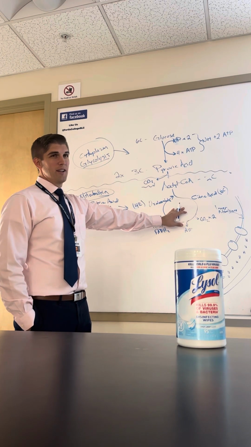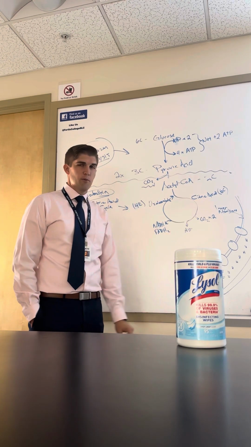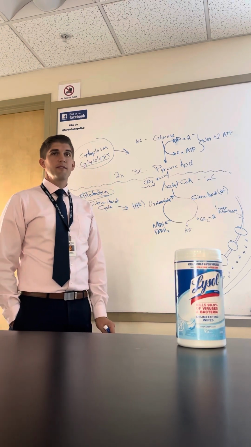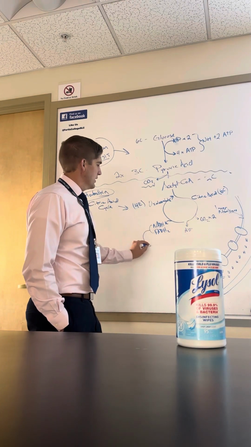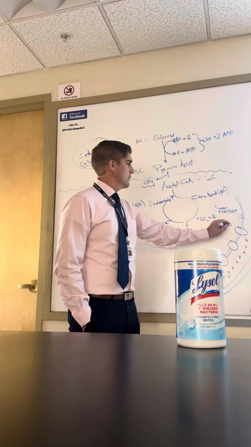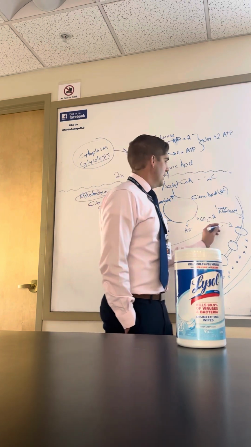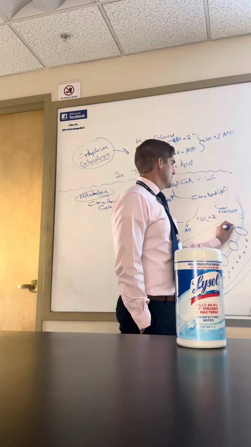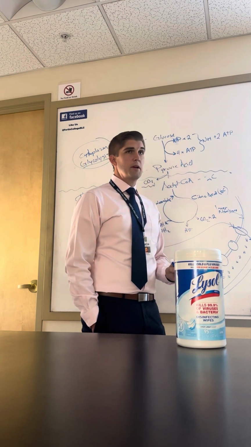And so, which byproduct of the citric acid cycle goes on to the electron transport chain? The NADH and the FADH. Yeah, these guys are going to come on over and donate hydrogen. Good. That's going to go straight through into the inner membrane space.